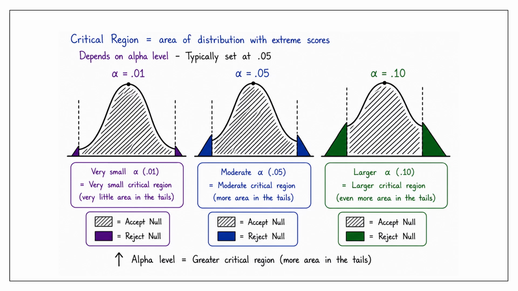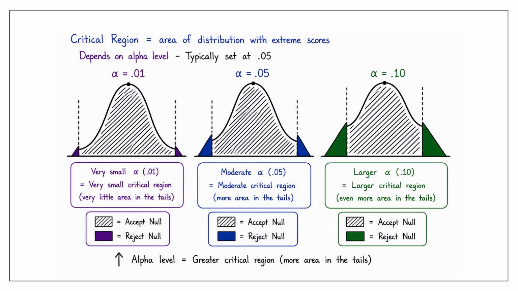And depending on the alpha level, your critical region is going to change because a critical region represents the area in the distribution that has extreme scores. Now here I have 3 different distributions with different alpha levels. So this researcher decided that their alpha level was 0.01. This 0.01 is 1% of the distribution.